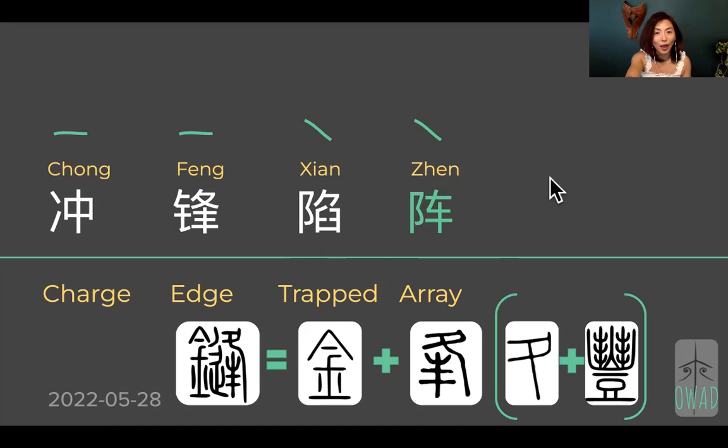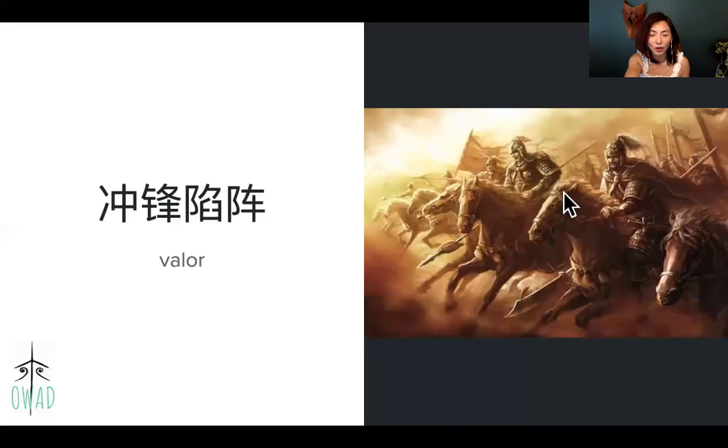That way you have a chance to win, to beat your enemy. So together, 冲锋陷阵, this very action word and strategic, right? You go to the front line and also you disrupt their formation.